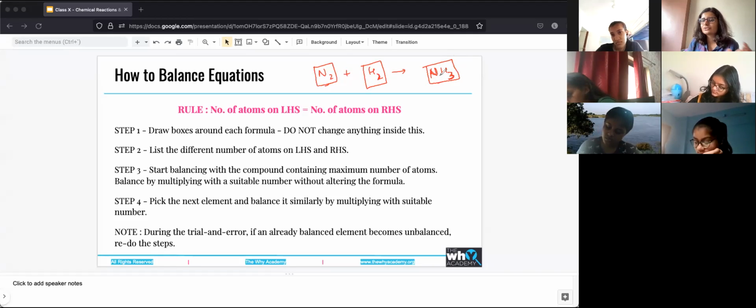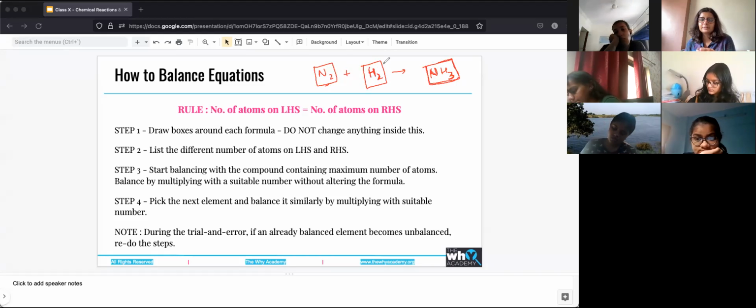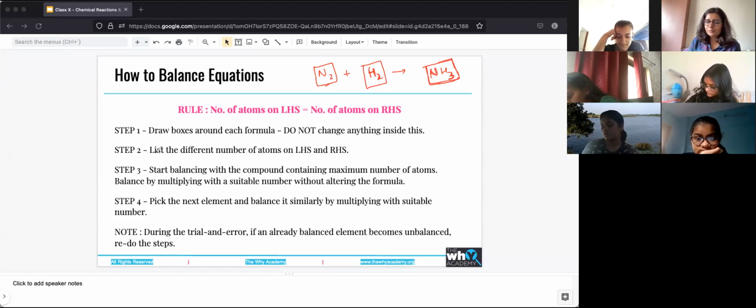You will not change this to N2H6 or something like that. If there is a compound or an element, this particular formula will not change. If the formula changes, it means the chemical itself changed, which gives completely different information. So that's quite important. Step 2.